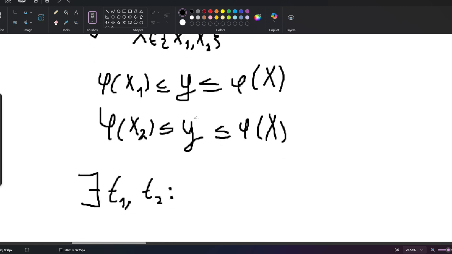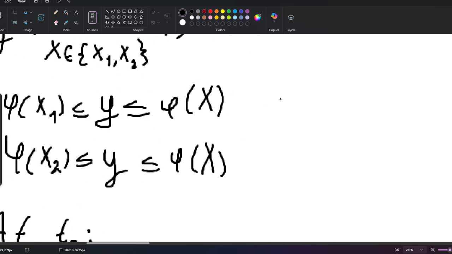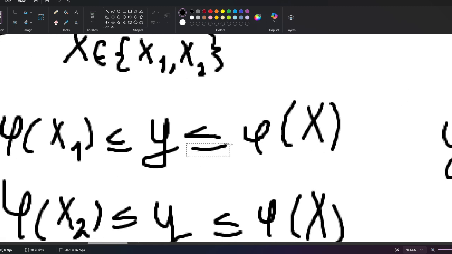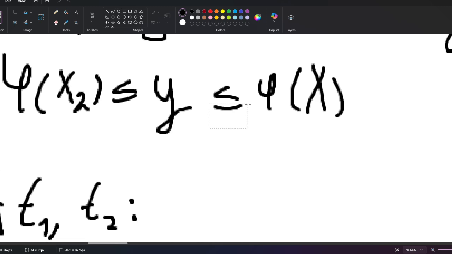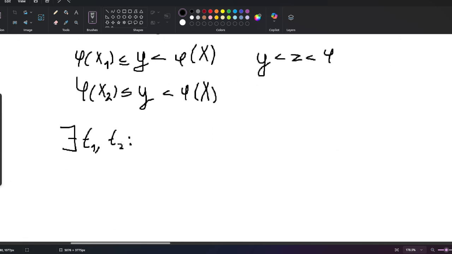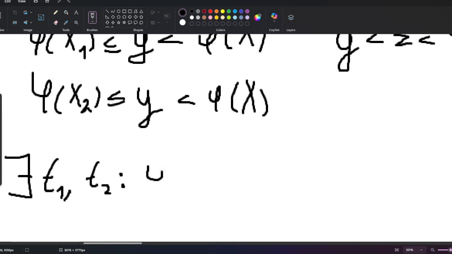Therefore, if we were to take some arbitrary z, such that z lies between y and phi of capital X, also y can't be equal to phi of capital X, or else the function is not going to be one-to-one. So let's pick z like that, and there should exist t1 and t2, such that phi of t1 is equal to phi of t2.